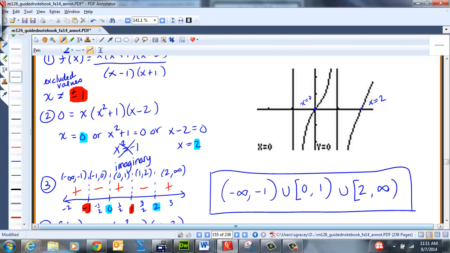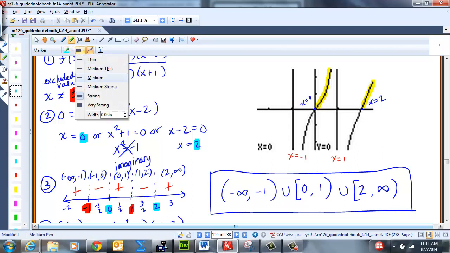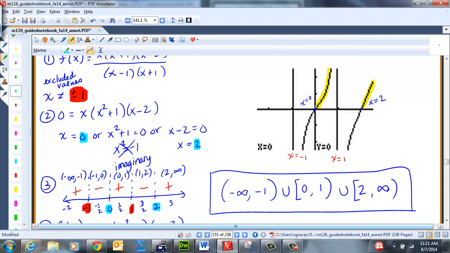We were looking for when y was positive, and here we have our asymptotes, that is x equal to -1, this is x equal to 1, and then our interval about x, where this works, goes here to here, and then here to infinity. Pretty awesome.